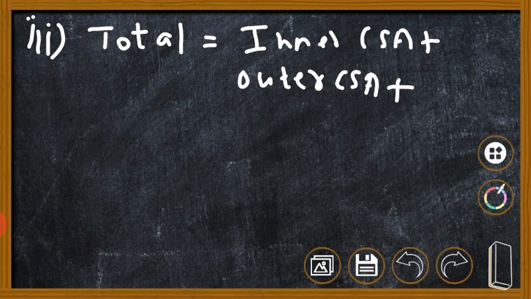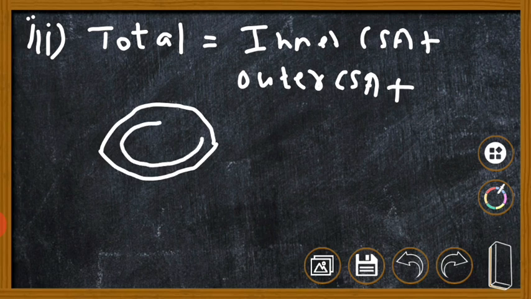What is the shape of the base? See, if you observe the base of this metal pipe, it is in the form of a ring, isn't it? Ring meaning, how to find out the area of this ring?